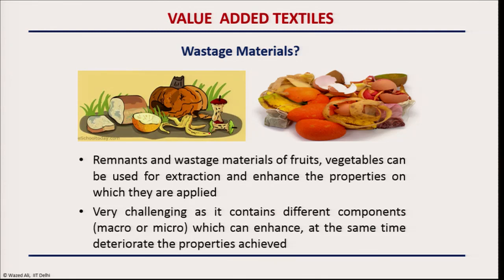So, there is a challenge in knowing what ingredients or real biomolecules are present in those orange peels. Standardization of the extraction process and the scale-up process is really a difficult task using this natural wastage material for textile value addition, but still there is a lot of promise in this area. So, it is quite common to ask what the advantages of natural extract are once we apply it to textile materials.